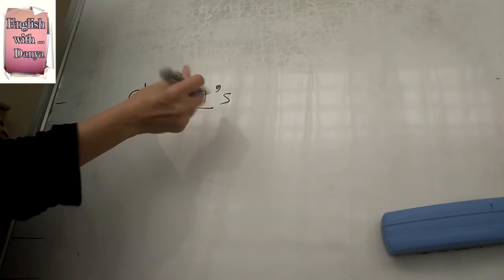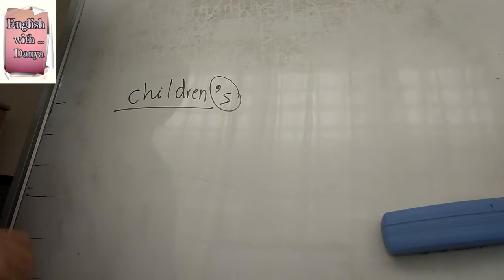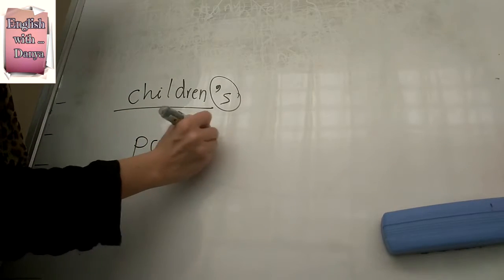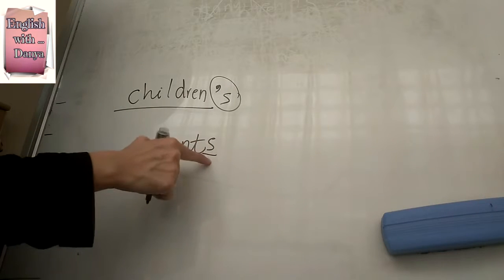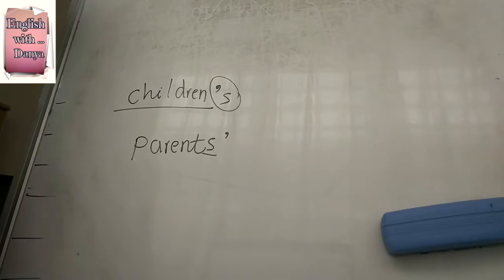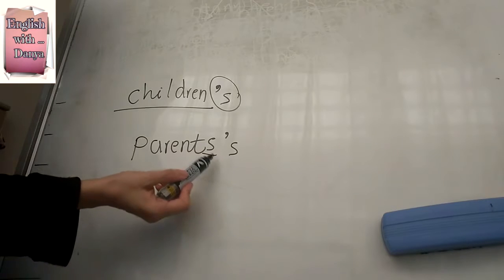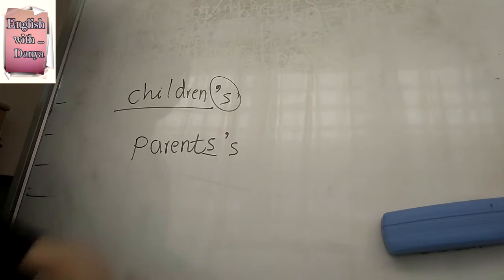It is N. Then we can use apostrophe and s. But if we say parents, what is the last letter? S. In this case, just use apostrophe. Why? Because if you use apostrophe and s and you also have s, like two s's, no.